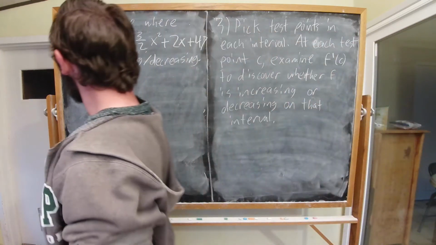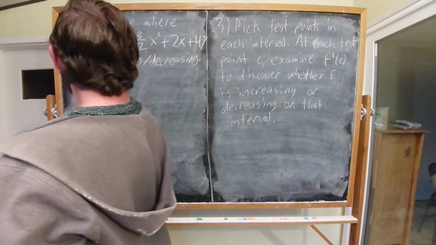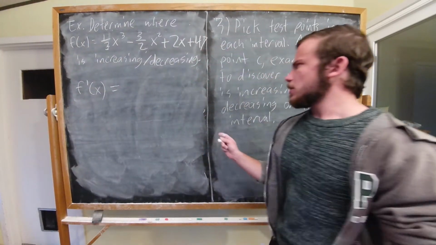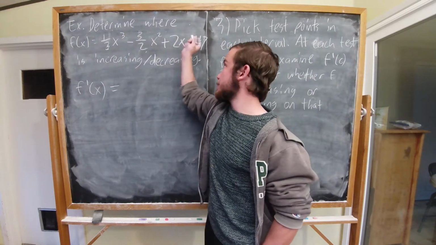So, f prime of x, step 1, compute that. Okay, well, by the sum rule, right, we can deal with each term by itself.